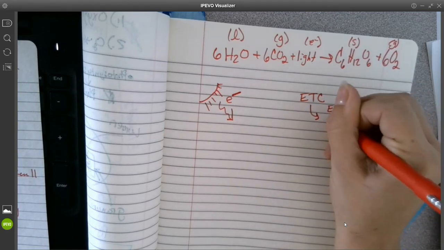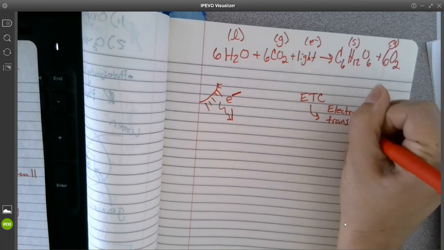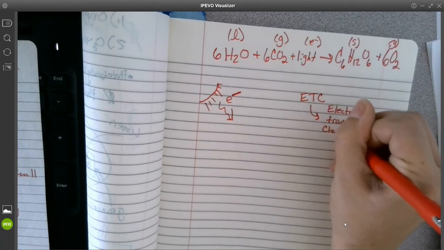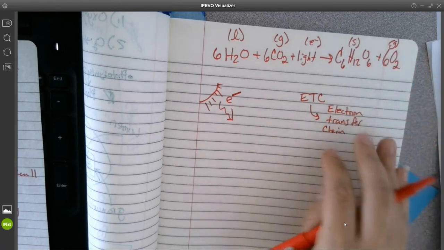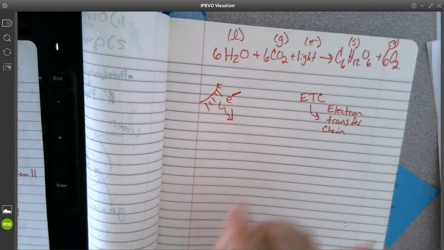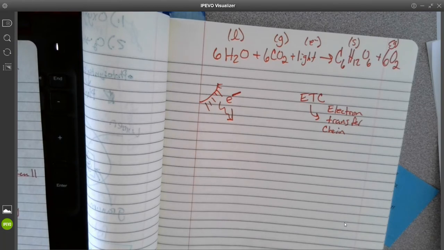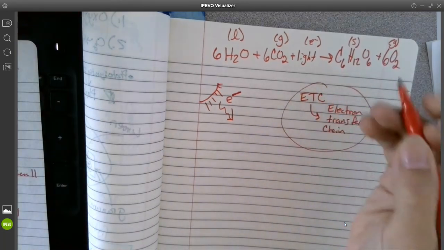Electron transfer chain. And this electron transfer chain is found within our thylakoid membranes. It's going to be a series of proteins.